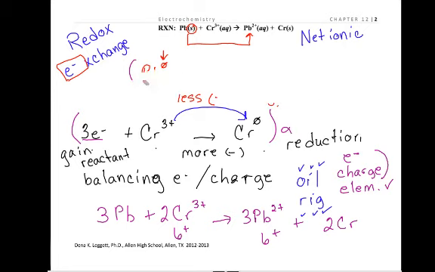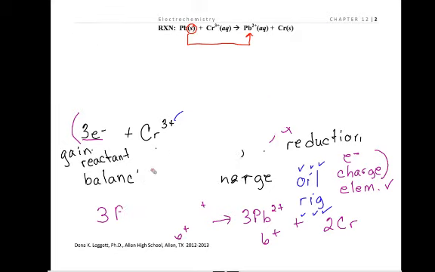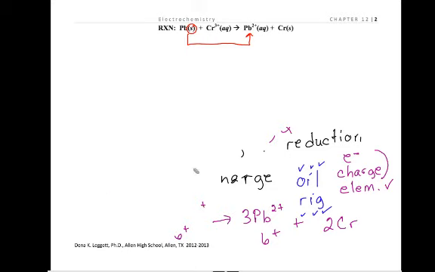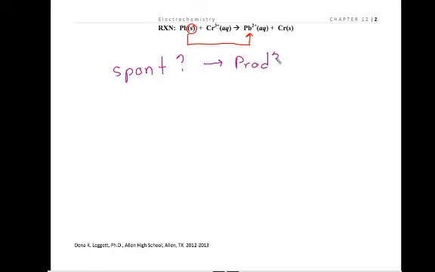I have electron exchange going on here. If I have electron exchange or electron movement, I have the potential of doing work, having a current flow. So that's what our question is. Is this spontaneous? In other words, can we count on there being no thermodynamic barriers to this proceeding to product? If so, can I somehow capture those electrons to perform some useful work?